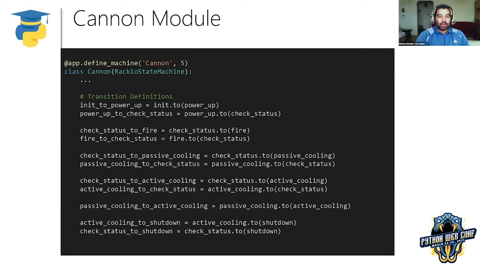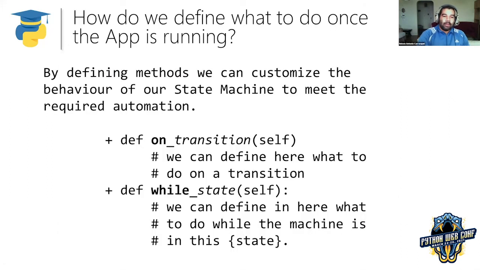Then we have some transitions. We can define transitions by using the to method from one transition to another. For instance, this init to power up is the init state to the power up state. So this way of defining transitions makes it more readable. So we wanted to achieve that in this coding.